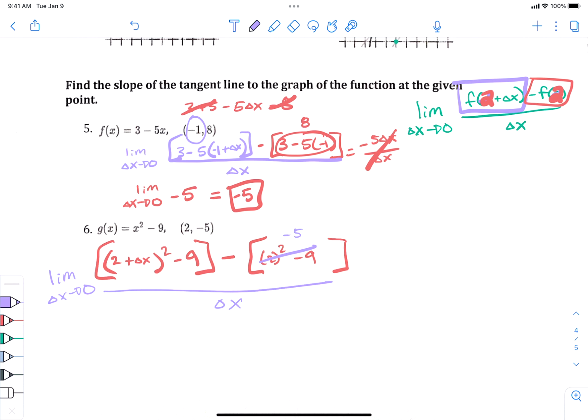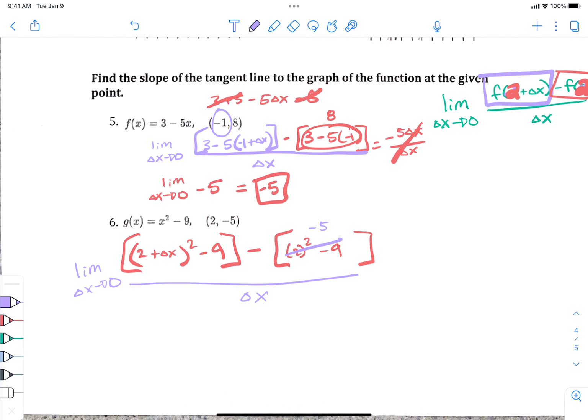Unpleasant. Do we have to FOIL? We have to FOIL. So (2 plus change x) times (2 plus change x): 4 plus 2 change x plus 2 change x plus change x squared. And then minus 9. So I've got -5 plus 4 change x plus change x squared.